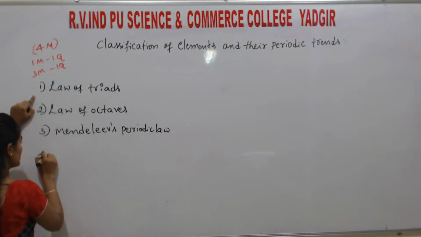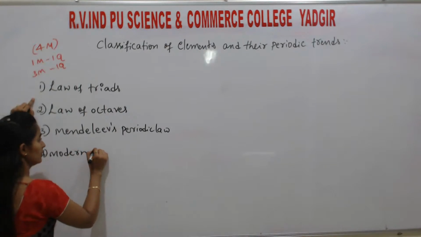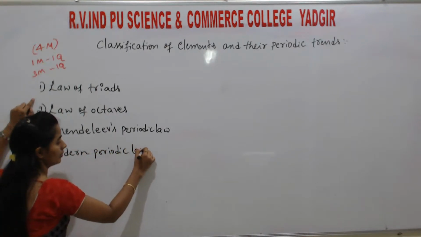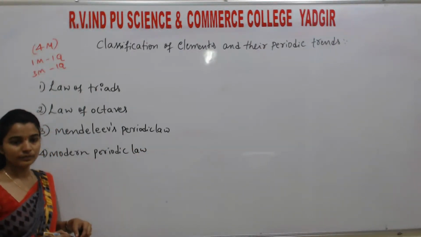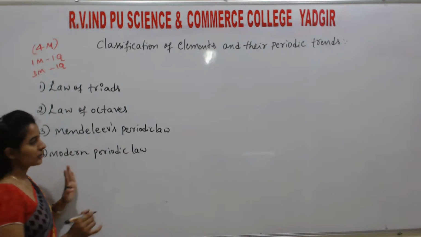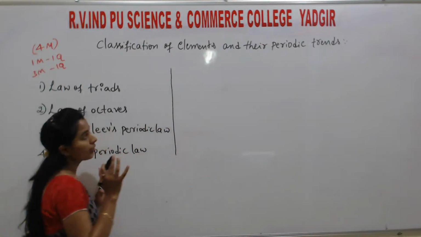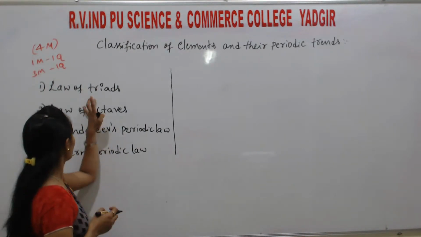And last one is modern periodic law. Now what we are using is the modern periodic law. So these are the 4 different laws that led to the framing of the periodic table. Understand? Then we will discuss one by one.